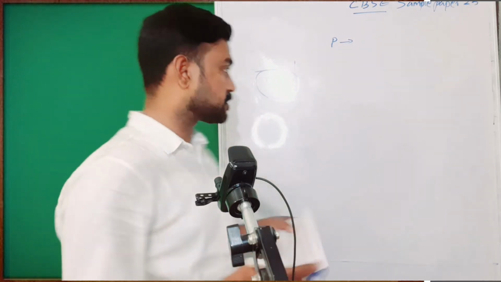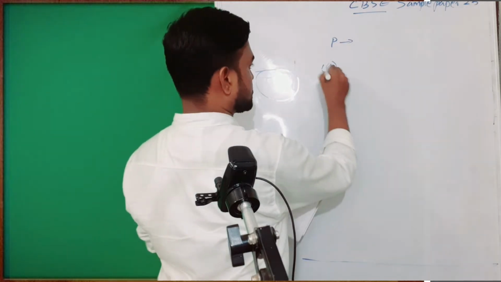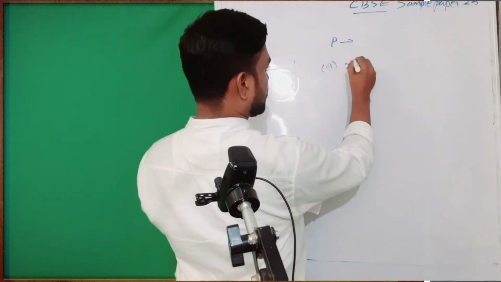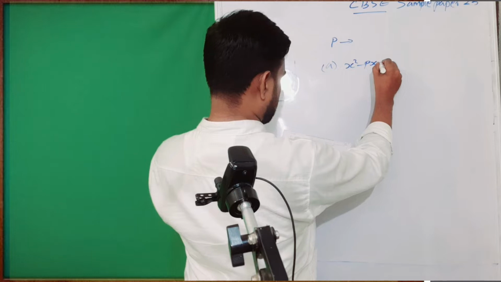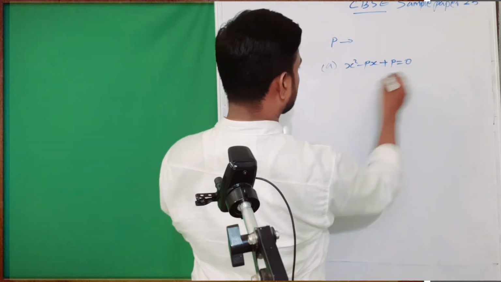In the sample question paper, second question: let P be a prime number, the quadratic equation having its roots as factors of P. Which is the quadratic equation? There are 4 quadratic equations given. Option A, x square minus px plus p is equal to 0.